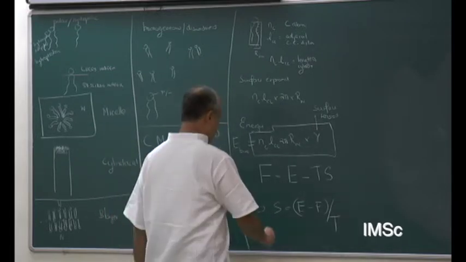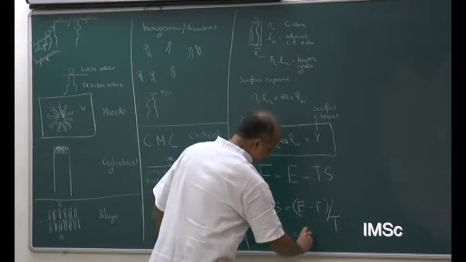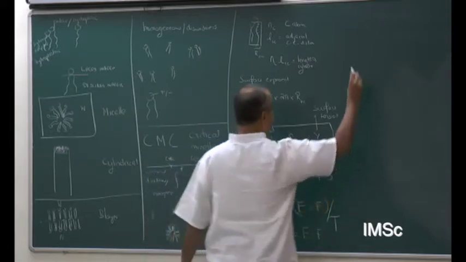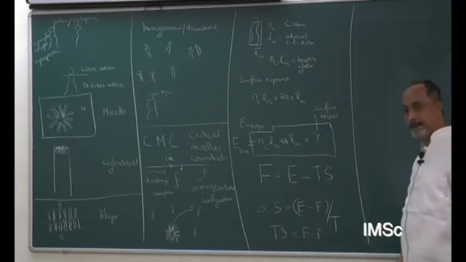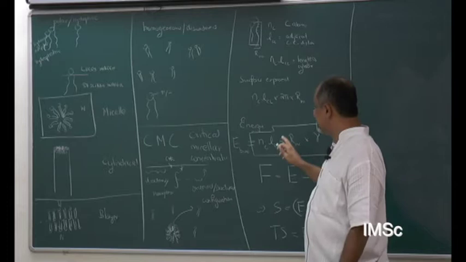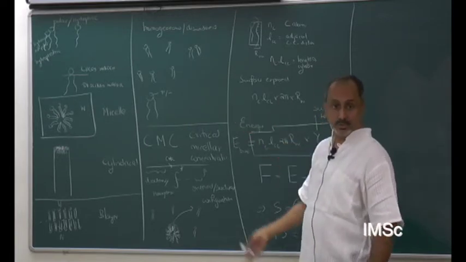Or equivalently, I really need TS because that is what enters my free energy. So just E minus TS. This is the binding energy for a single molecule, so the binding energy per molecule.